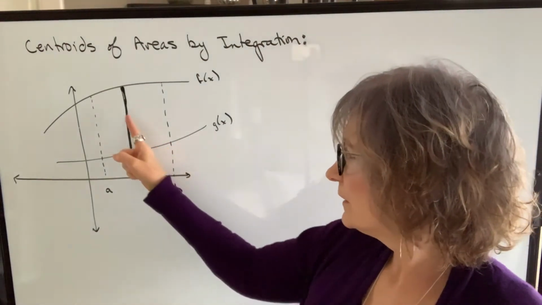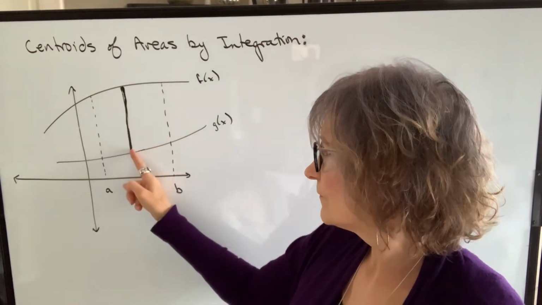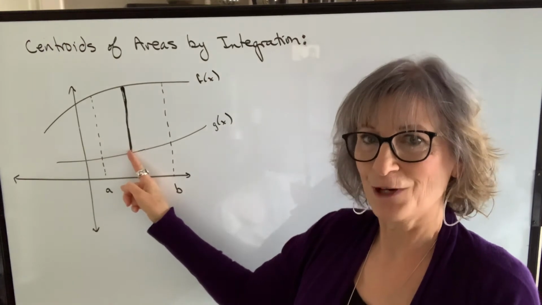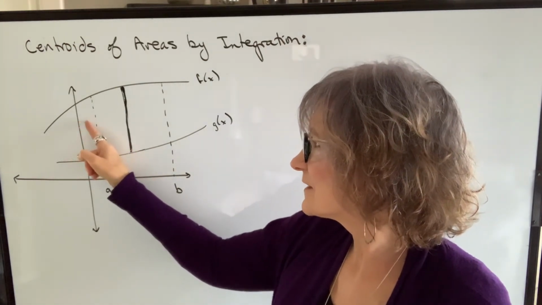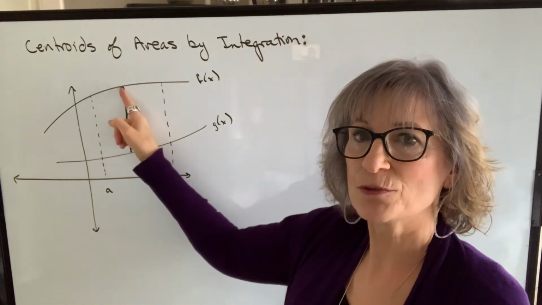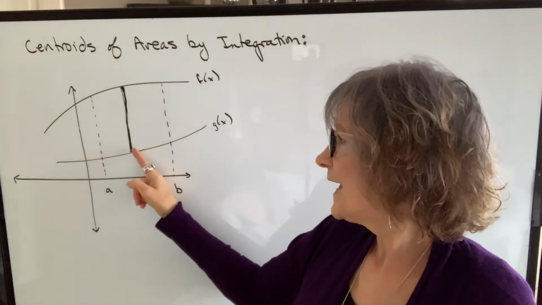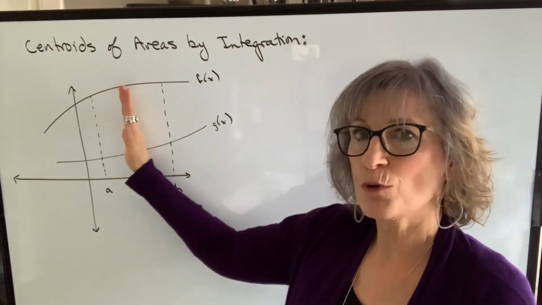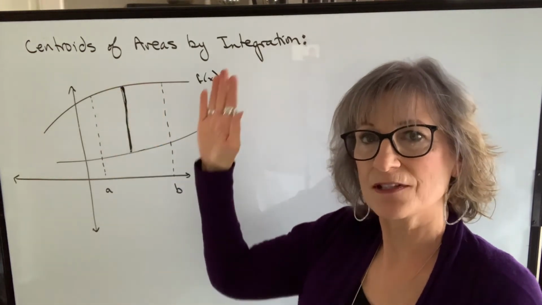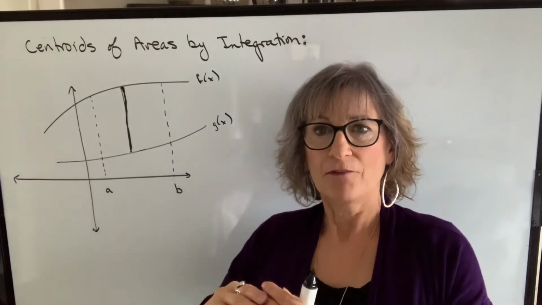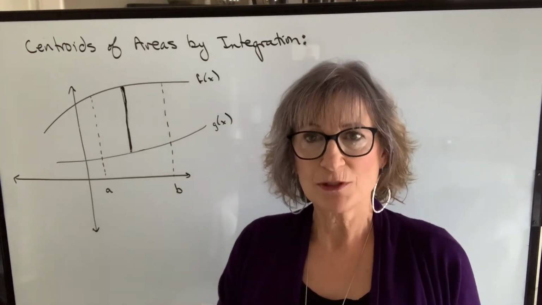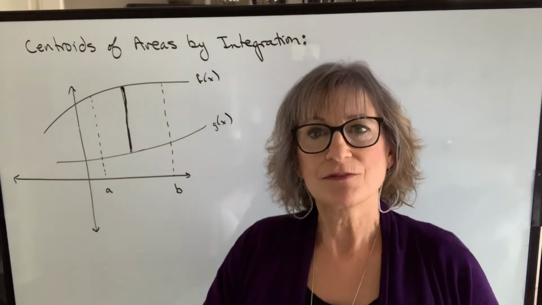I can find the first moment of my representative rectangle by taking the perpendicular distance from the y-axis and multiplying by the area of that. Then I can sum all the first moments of all of those strips by integration. And when I've got the sum of all of those first moments by integration, I divide by the total area.